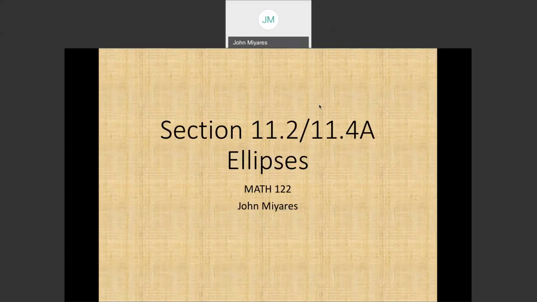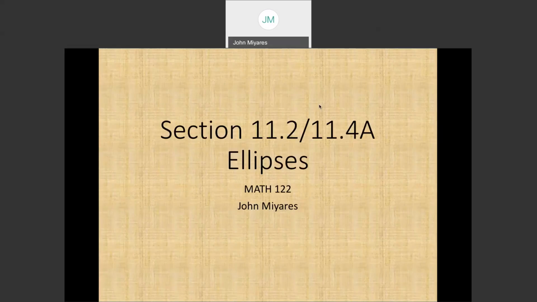If you've looked ahead at the other sections of Chapter 11, you're going to see other shapes known as conic sections that we'll be working with, such as parabolas and hyperbolas. In sections 11.1 through 11.3, the textbook author focuses on the most basic of these shapes, all centered at the origin, while in section 11.4, they take all of those conic sections and look at them in a single section of homework, but where none of them are centered at the origin.